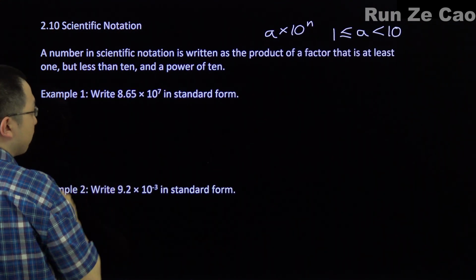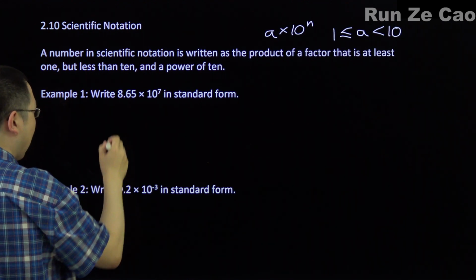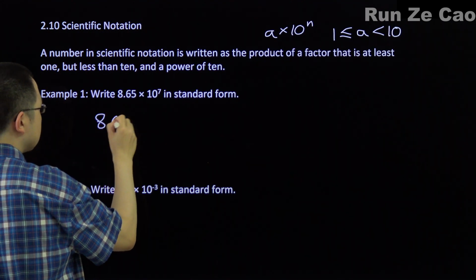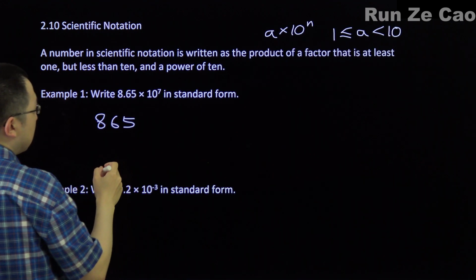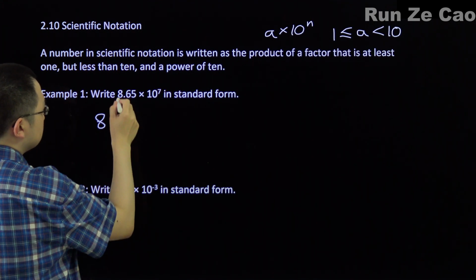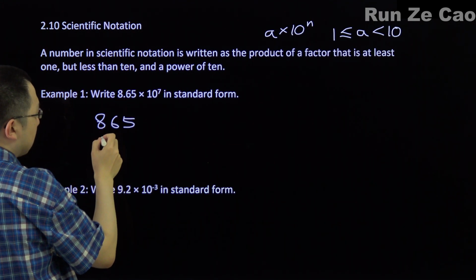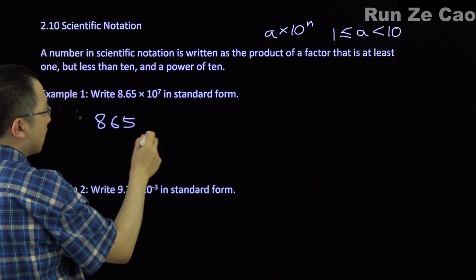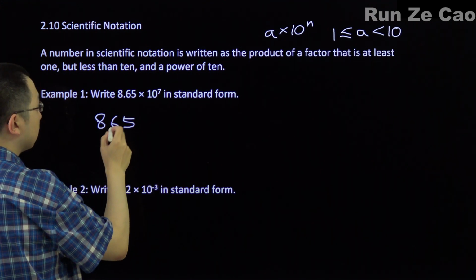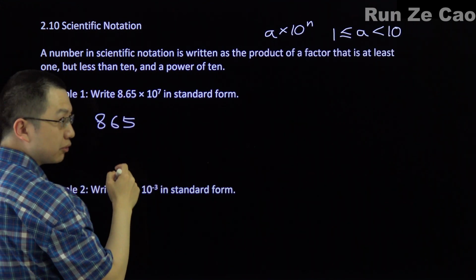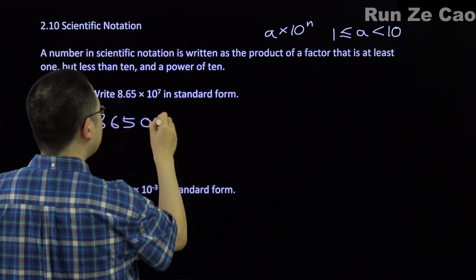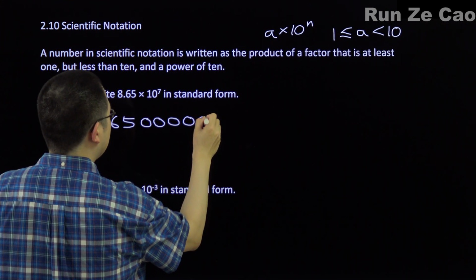So 8.65 times 10 to the 7th power is 8,650,000. Well, 8 is supposed to be followed by up to 7 zeros, but in this case we have a 6 and 5 taking up 2 of the places, so we just have 5 zeros left.